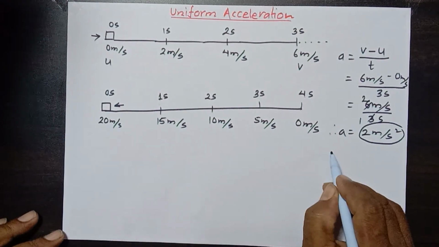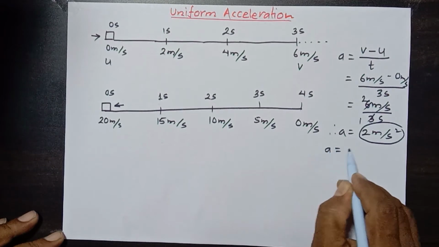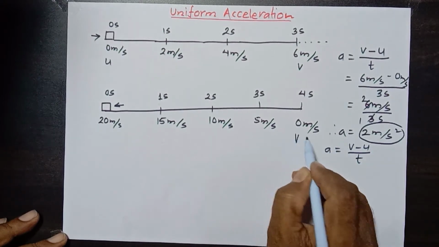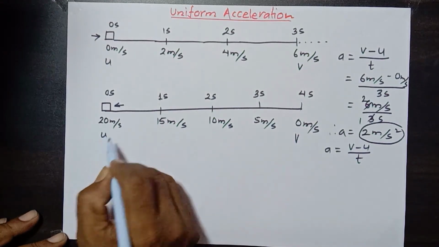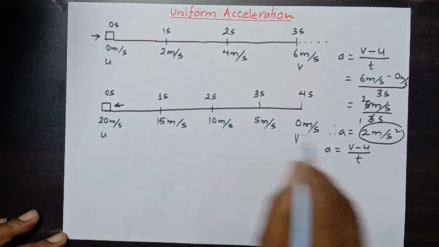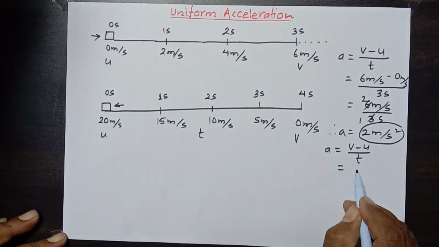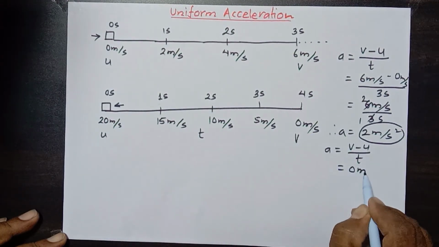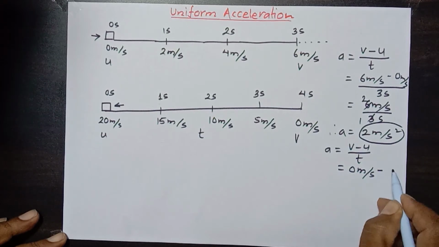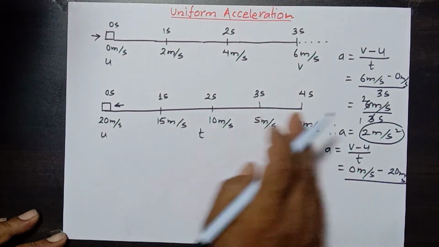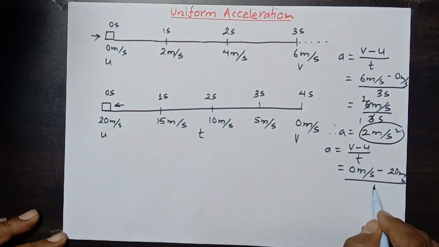If you want to calculate it by using the formula a equals v minus u divided by t: final velocity here, initial velocity is this, and time taken is from this to this. That's why v is 0 meter per second, u is 20 meter per second, and the time taken to go from this to this is 1, 2, 3, 4 seconds.